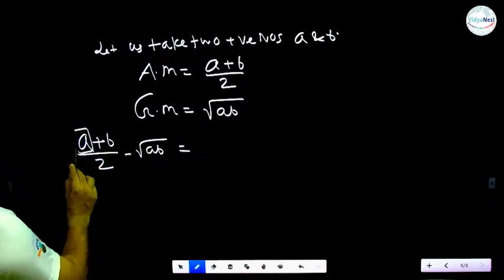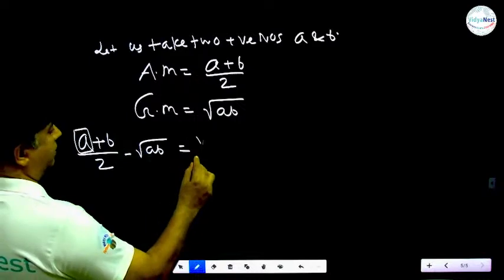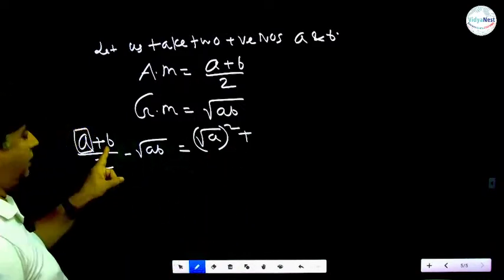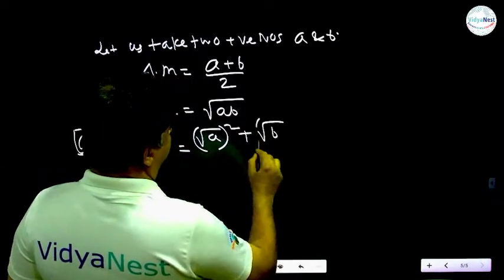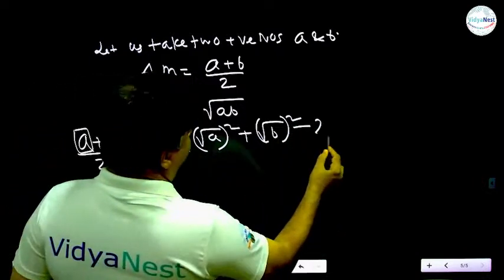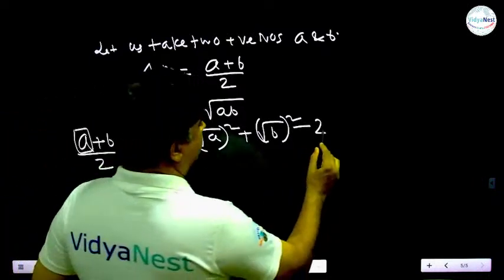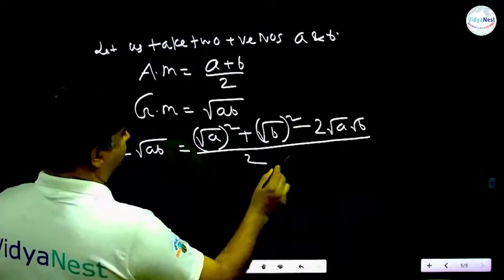This A, can I write this in terms of a perfect square? Yes. Root A whole square. Can I write this B in terms of a perfect square? Yes. Root B whole square. And I can take the LCM, and root AB can be split into two parts: 2 root A root B by 2.